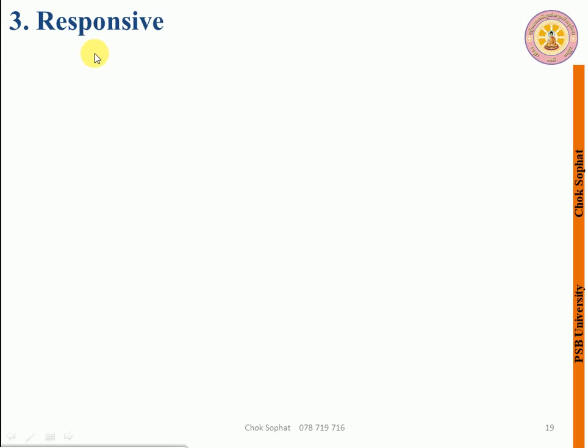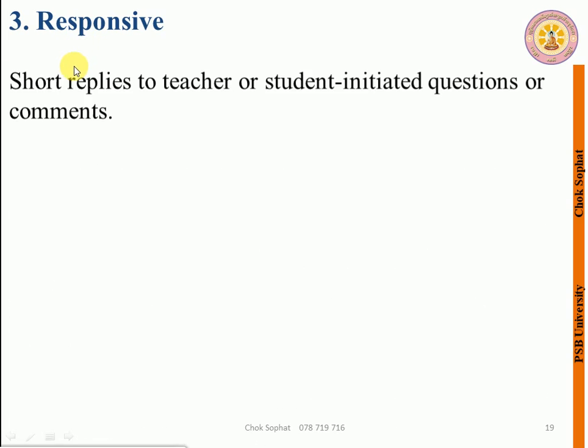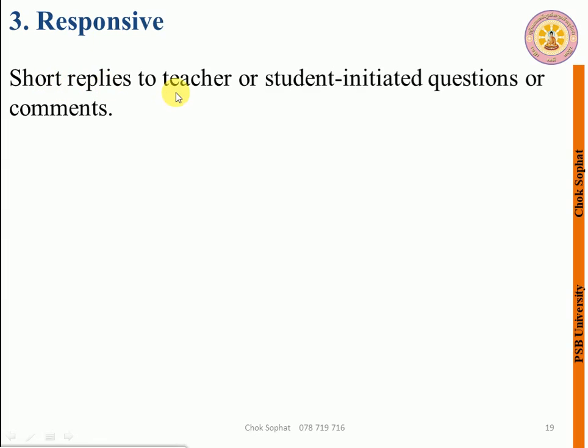Okay, responsive. Responsive means short replies to teacher- or student-initiated questions or comments. So responsive is also a kind of classroom speaking performance. When we ask, the students can reply. The students can respond by using the target language, grammar, or phonological or grammatical aspects, for example.